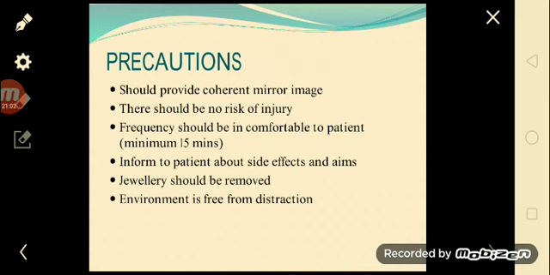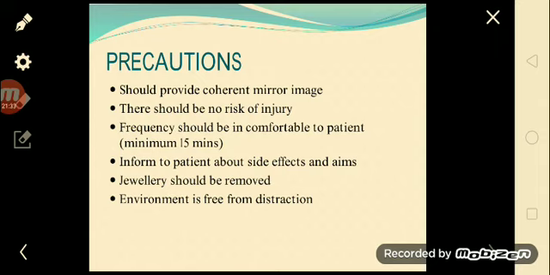What are the precautions we have to take while giving this mirror therapy? We have to provide a coherent mirror image. So in mirror therapy, we have already seen what a coherent mirror image is, that the patient can easily see the right hand or left hand, and it should create the illusion that the left hand is moving. So that type of mirror is a coherent mirror, and there should be no risk of injury.